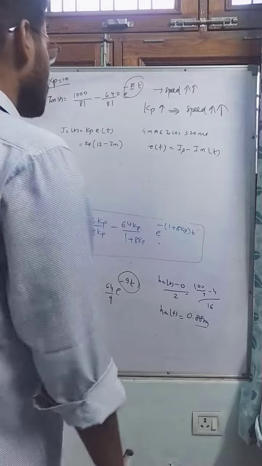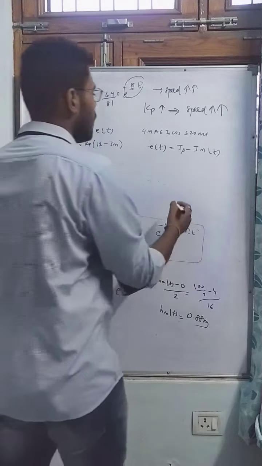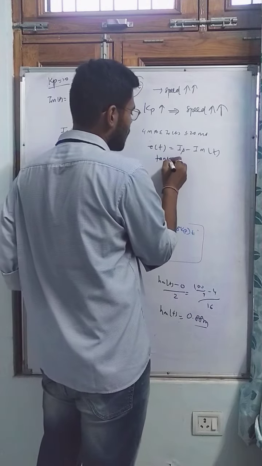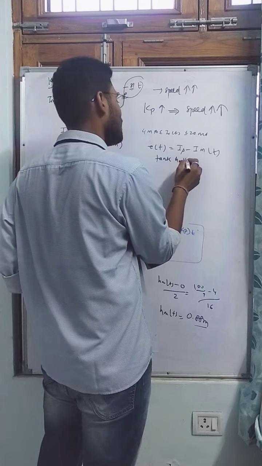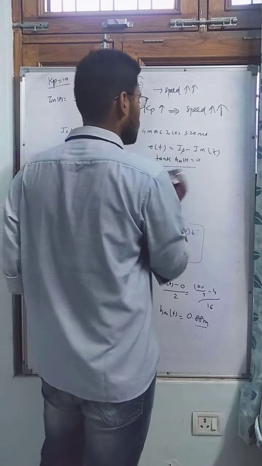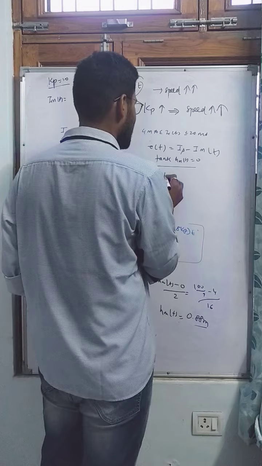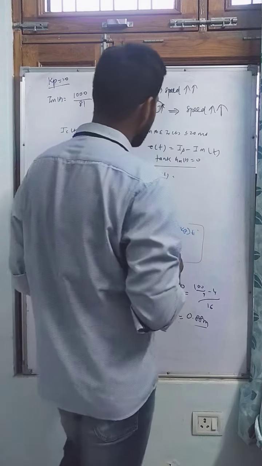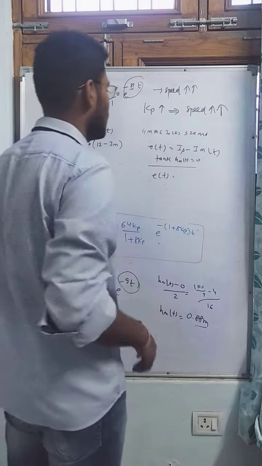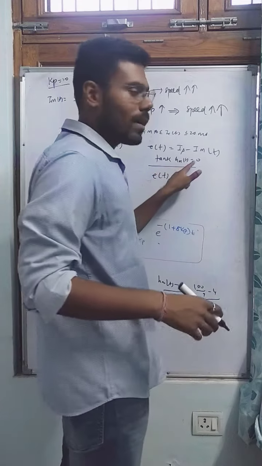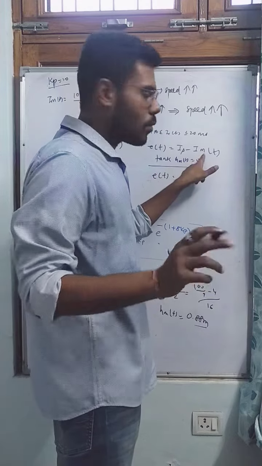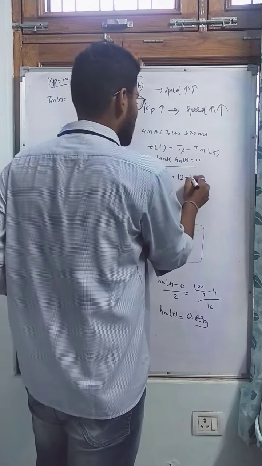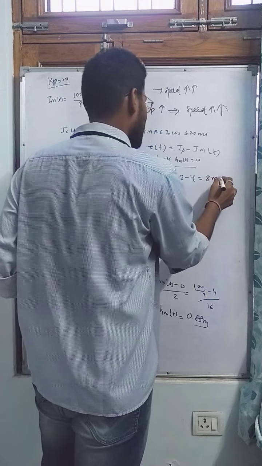Yes or no? So when tank level was 0, what was Et in that case? When HMT was 0, we were getting IMT as 4. So IS is 12. 12 minus 4 equal to 8 milliampere.